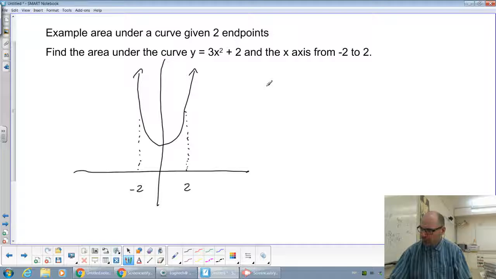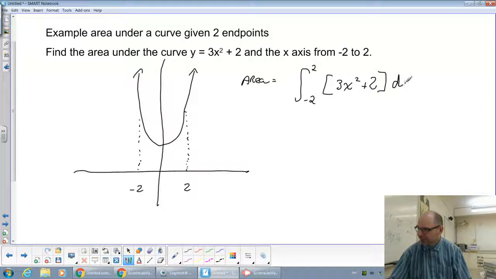The area will equal the integral from 2 to -2, rightmost to leftmost, of the equation 3x squared plus 2 dx. Okay, and this is even simpler than what we did before, because we just have this one curve to worry about, right? So we don't have to do any combining. We just go straight into integrating.